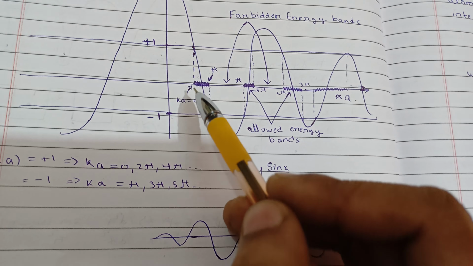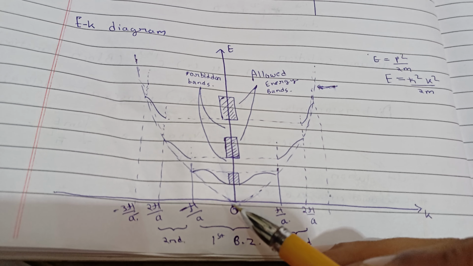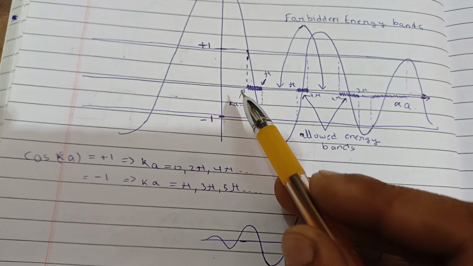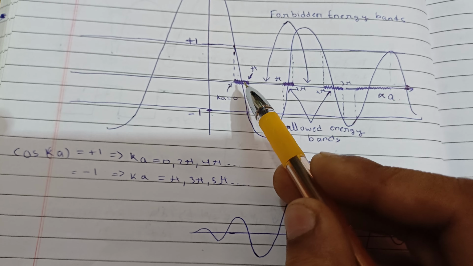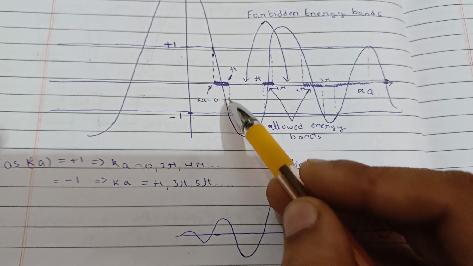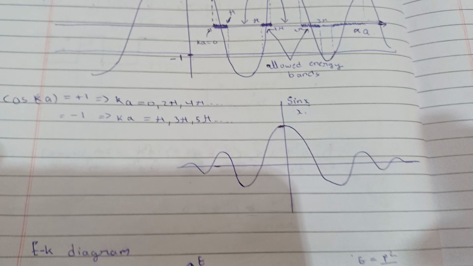So this will lie here, K equal to 0, and for this point we will have some minimum energy, and the maximum energy of this band is at this point where cos Ka is minus 1, and the first such value is pi.